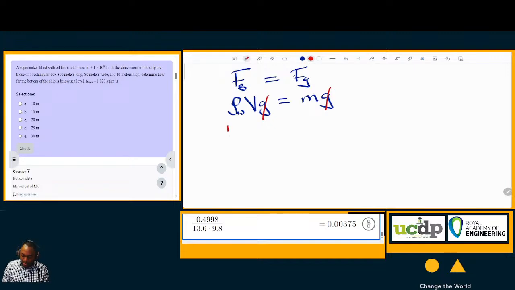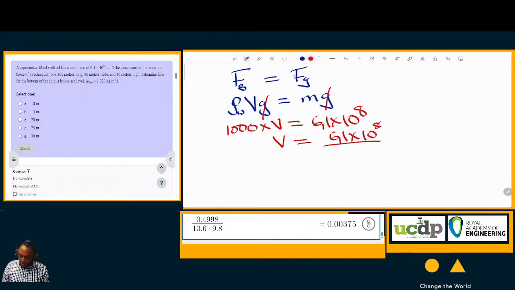You can substitute the density of the water, 1000, multiplied by the volume, which you do not know, equals your mass, 6.1 times 10 to the power of 8. So you can check what would be the volume displaced. The volume displaced would now be 6.1 times 10 to the power of 8 over 1000.